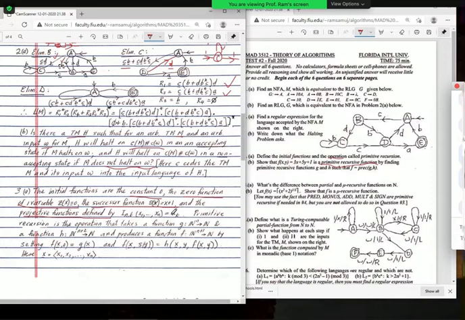Then primitive recursion is that operation that takes a function g, mapping n to the n onto n, and a function h mapping n to the n plus 2. So it takes a function of n variables and a function of n plus 2 variables and produces a function f of n plus 1 variables. And you see the recursion is done on the last variable, which is the n plus first variable, which is the y.